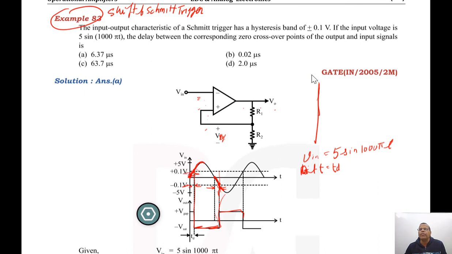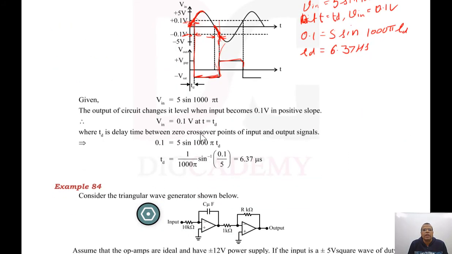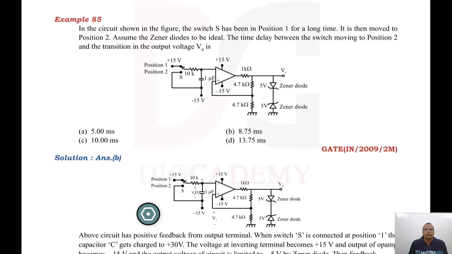If you start from the origin for steady state operation, at t equal to td, what is the input voltage? That is equal to plus 0.1 volt. So 0.1 volt is equal to 5 sine 1000 pi td, where td is the time delay, which will be calculated, and that comes out to be 6.37 microseconds. So that has been calculated here.